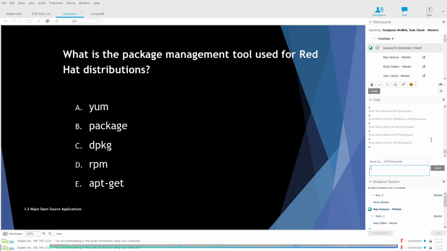Right. What is the package management tool used for Red Hat distributions?